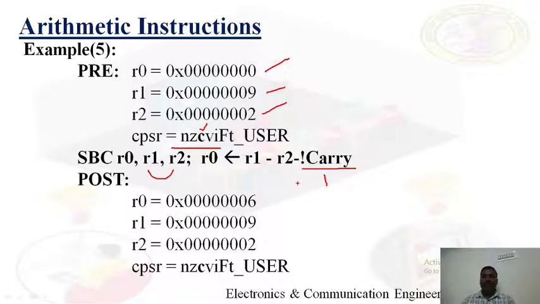If you complement it, it becomes 1. R2 is 2 and R1 is 9. So 9 minus 2 minus 1 becomes 6. There is no modification to R1 and R2; they remain the same. Also we have not used any S suffix here, so there is no modification to any of the conditional fields.